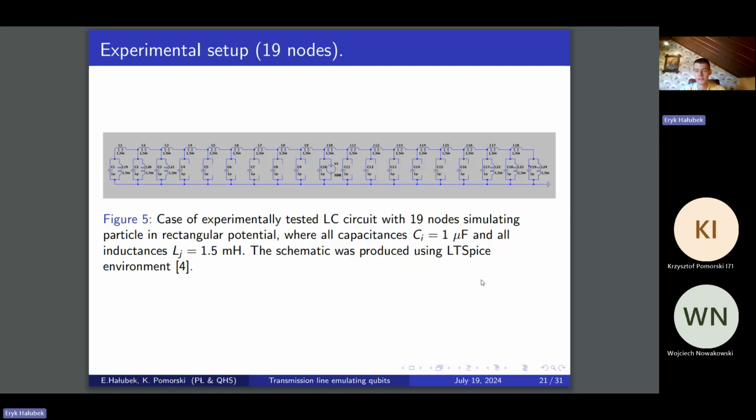It has 19 nodes, so places where these branches connect to the upper line, and the values of capacitances were 1 microfarad, and all inductances had values of 1.5 millihenry. The sine wave signal was applied to the middle of the circuit because the circuit is symmetric.